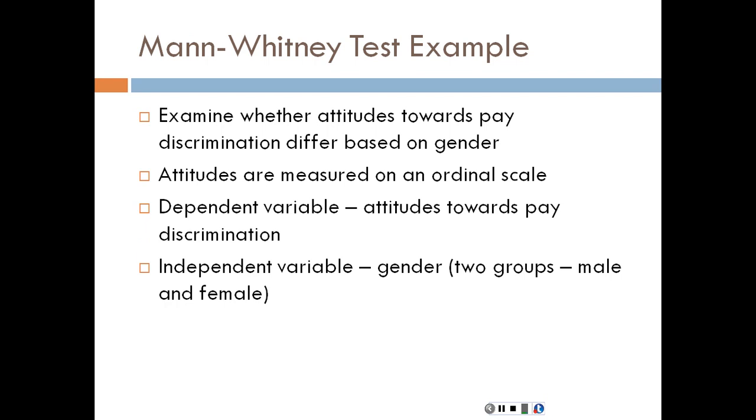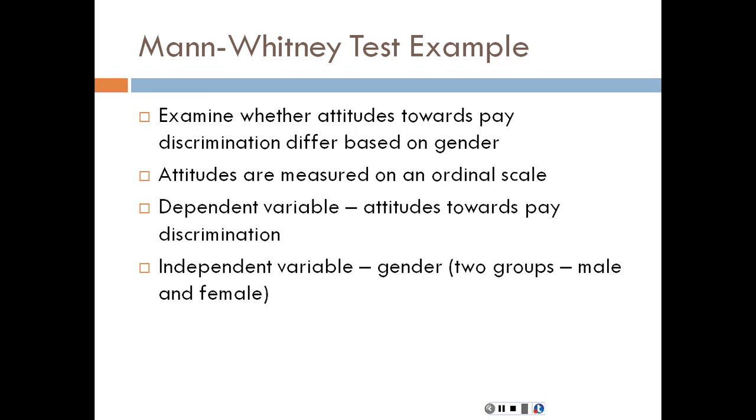So, for instance, we can use the Mann-Whitney test to understand whether attitudes towards pay discrimination, where our attitudes are measured on an ordinal scale. Think about if I want to determine people's attitudes towards pay discrimination, how they are feeling about it.